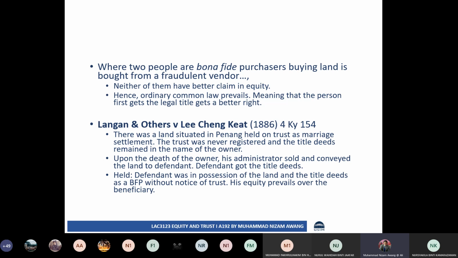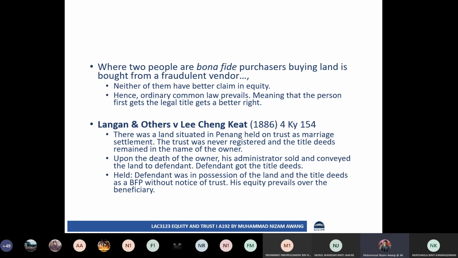In the case of Langan and Lee Cheng Kiat, there was a marriage settlement, but the trust was never registered. When we say the trust was never registered, there was no conveyance of title or transfer of title from the owner, from the settlor to the beneficiary.